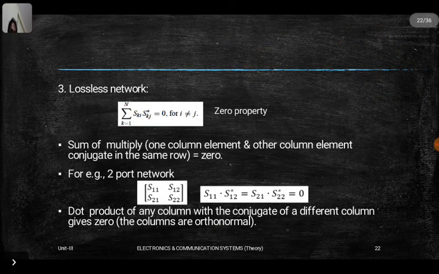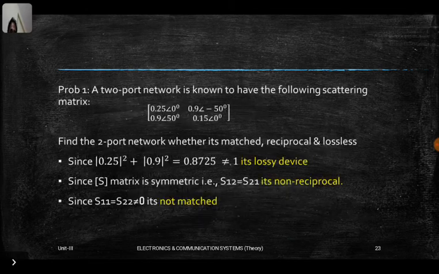Next, let us go to one problem quickly. A two-port network is known to have the following scattering matrix: S11 is 0.25 at 0 degrees, S12 is 0.9 at minus 50 degrees, S21 is 0.9 at 50 degrees, and S22 is 0.15 at 0 degrees.